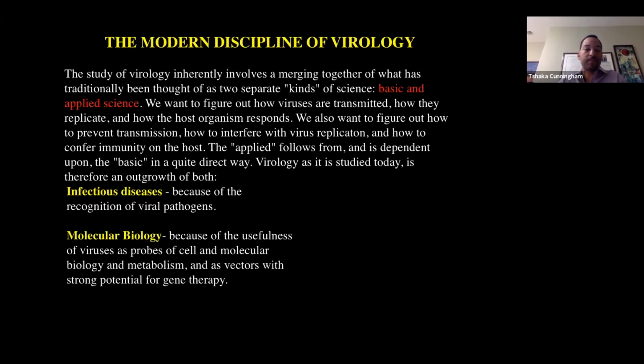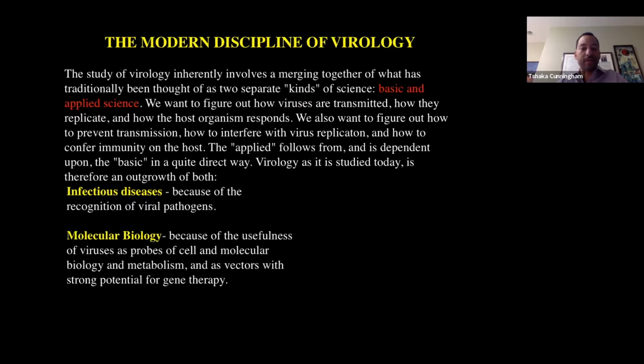So the discipline of virology is kind of a mixture of infectious diseases and molecular biology, because we can use the principles that you guys have been learning, like PCR and how to amplify DNA, and also RNA. You guys have learned these techniques, and we use these in the lab to actually understand what these viruses are. So when they're trying to understand when a new virus is emerging, they use PCR, right?